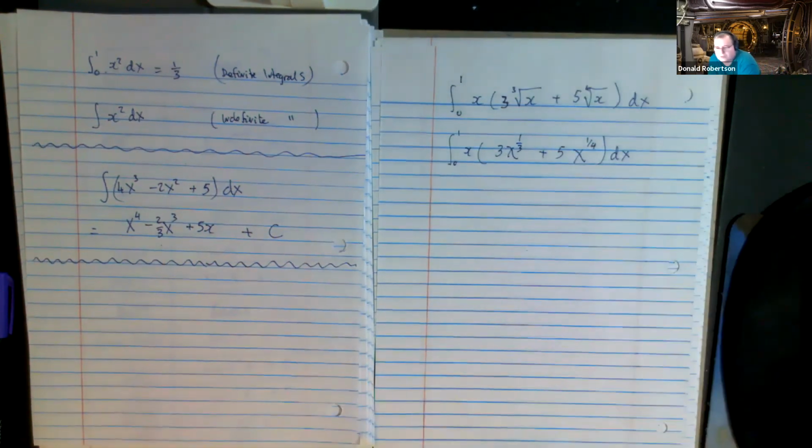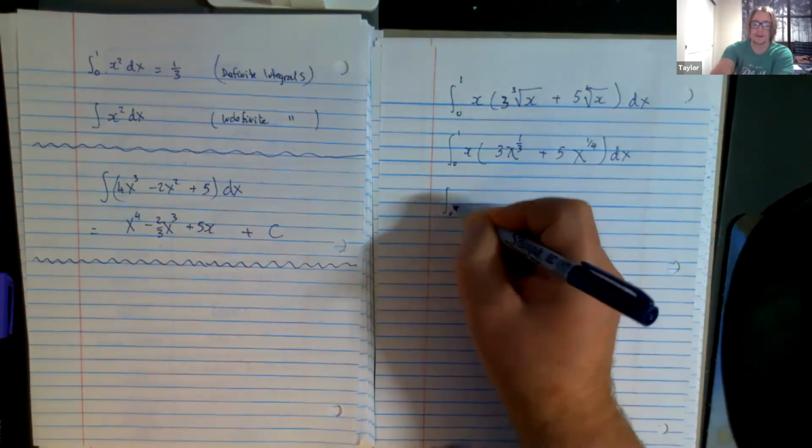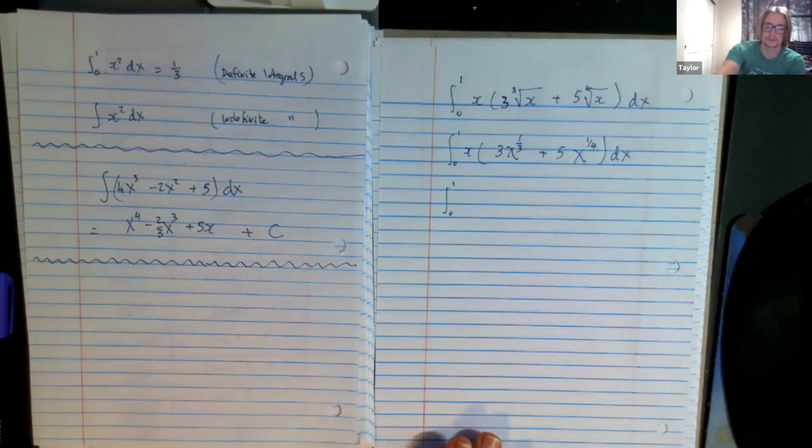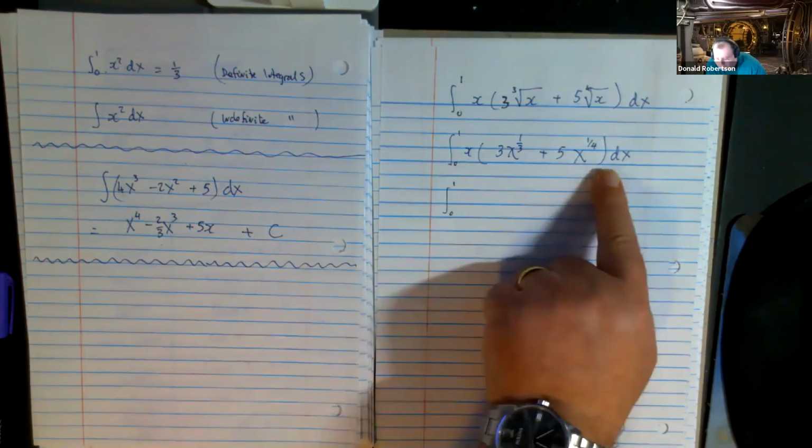Are you comfortable that cube roots give you a fraction of a third and 4th roots give you a fraction of a quarter? Are you also happy about why I did that? Why I needed to change them? Because of the power rule. Yeah, but I can't do the power rule until one more step.